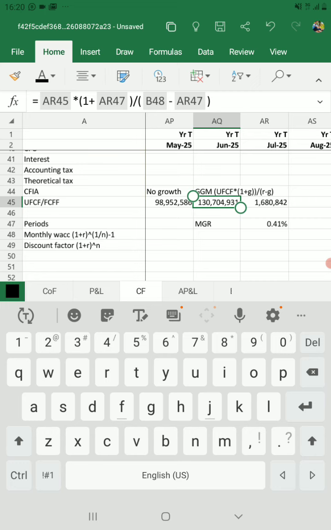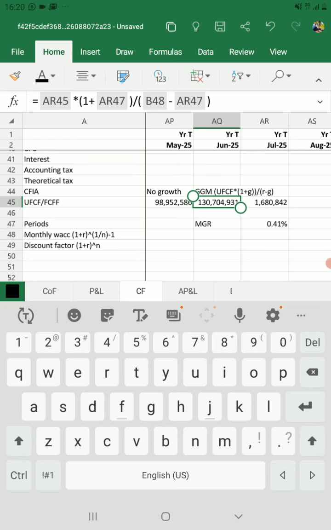For using exit multiples, normally the established practice is using the annual figure for unlevered free cash flow, okay, or any free cash flow that you want to use exit multiple. So we cannot base on our monthly figures here. Because you have monthly projections, you can just sum them.